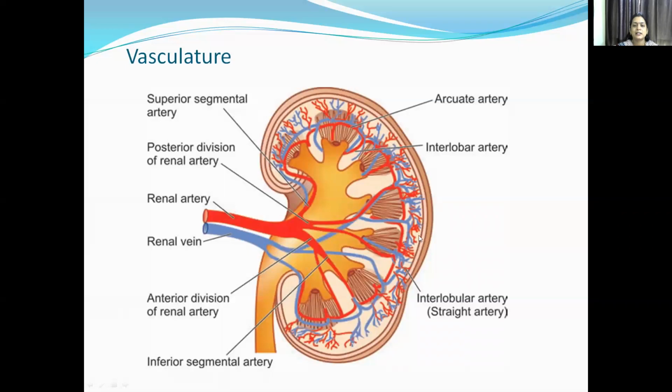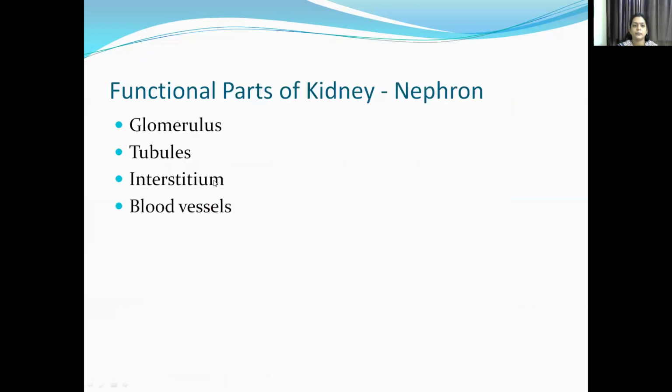So all these arteries supply the whole of the renal system. Usually the cortex is very heavily supplied by blood, whereas the medulla is less supplied than the cortex. So whenever there is any obstruction, the medulla gets affected and there is renal infarction. Here is the renal vein again, and you can see the branches supplying the whole of the kidney. So this is about the vasculature of the kidney.